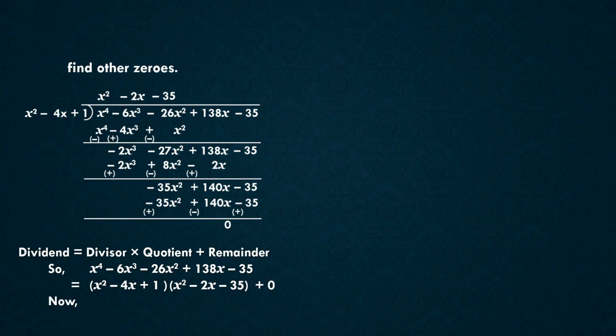Now we find the remaining zeros by solving the quadratic expression x square minus 2x minus 35. To factorize this expression, we look for two numbers whose product is minus 35 and whose sum is minus 2. These numbers are minus 7 and plus 5. So the expression can be written as (x minus 7) multiplied by (x plus 5).